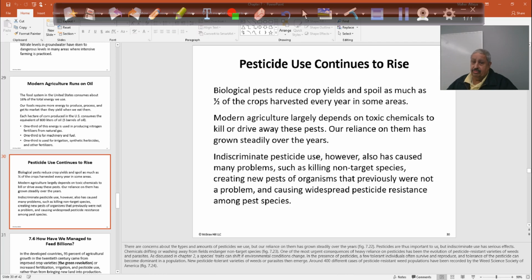Pesticide use continues to rise, and that's one of the major problems we have. Those are highly toxic contaminants to the soil. We have to be really careful about using those chemicals. They are meant to fight the pests and insects that feed on our crops.